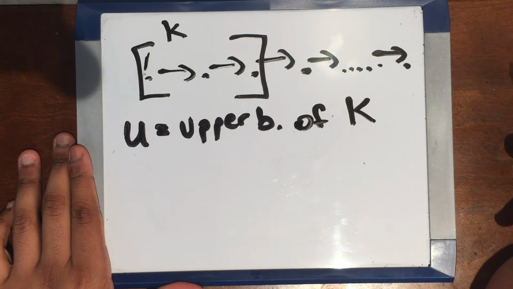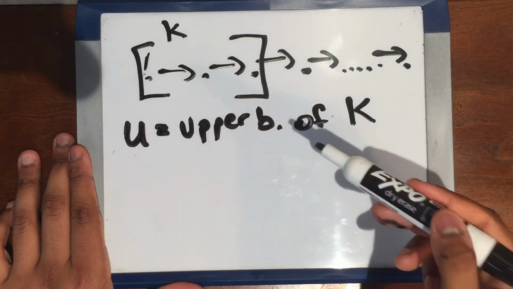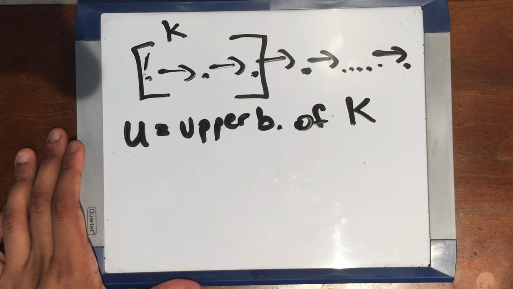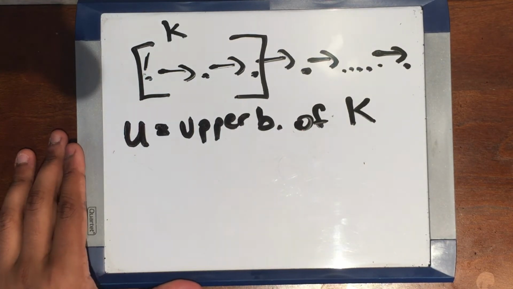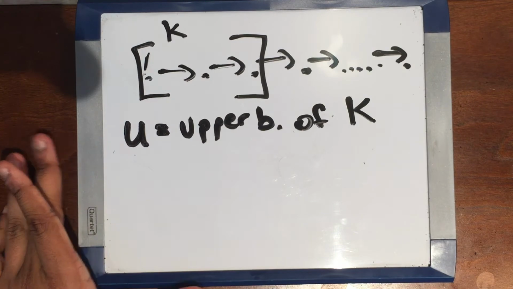And we also know that every non-empty subset of N has a smallest element. This we get from our axioms of natural numbers that we went over in the last video.